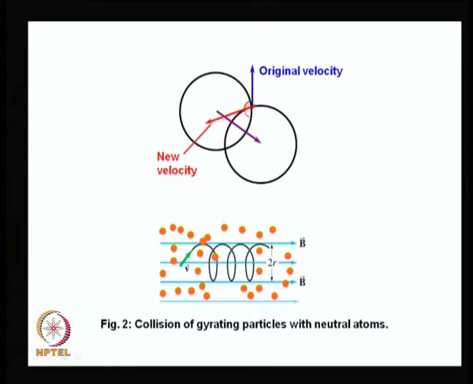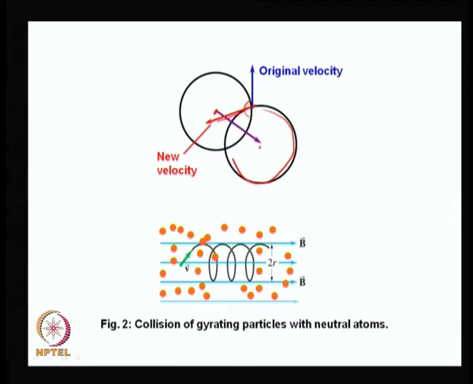So, the velocity changes direction. This is the direction of the new velocity, the red arrow, and therefore, the guiding center shifts. This is then the new path around which the particle gyrates, the new circle, and the guiding center shifts from this point to this point.